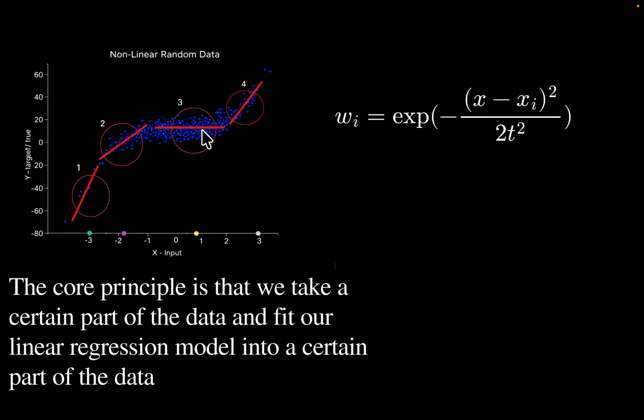So we say x equals 1. We only consider those points and fit a straight line into them, because the points far away have less weight than those points whose x values are near the x that we have given to it. So the core principle is that we take a certain part of the data and fit a straight line into that.